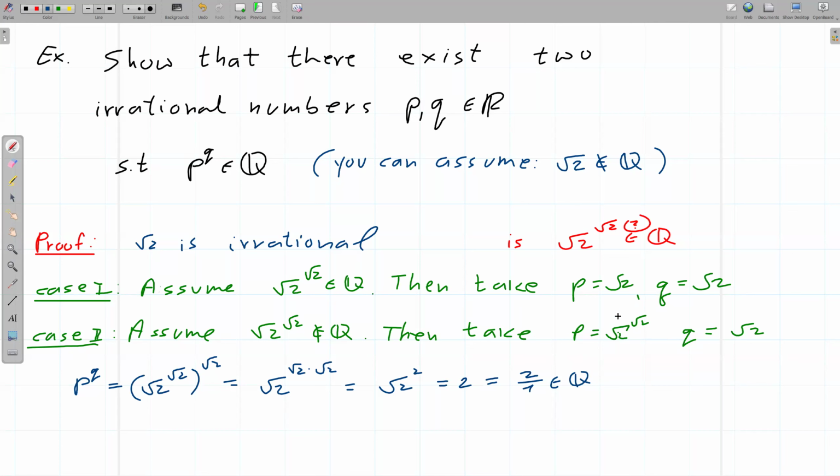This number is indeed irrational, but proving that is harder than what we did here, and we don't need it. We don't need to find the two numbers such that p to the q is rational. We just need to prove that there are two numbers like this.